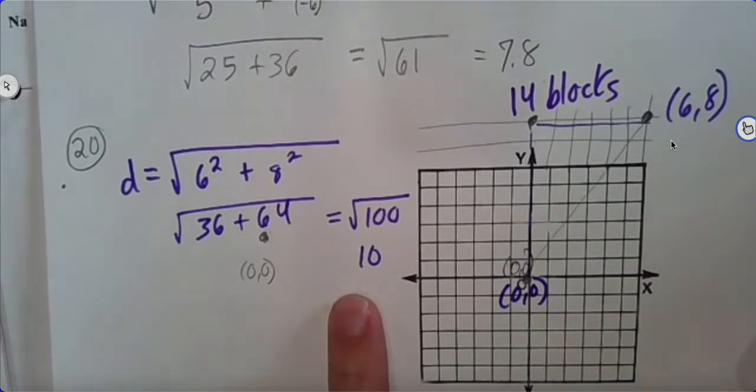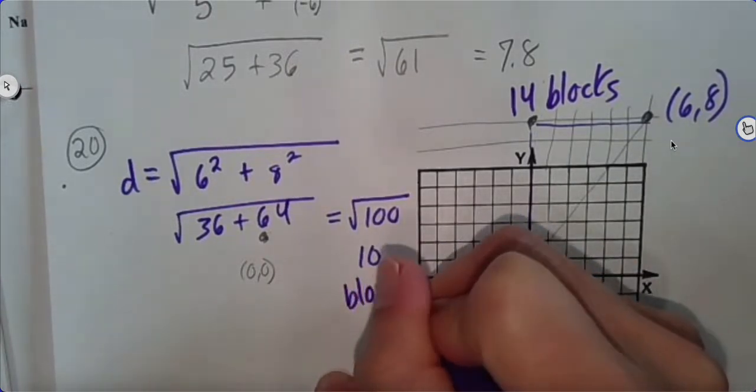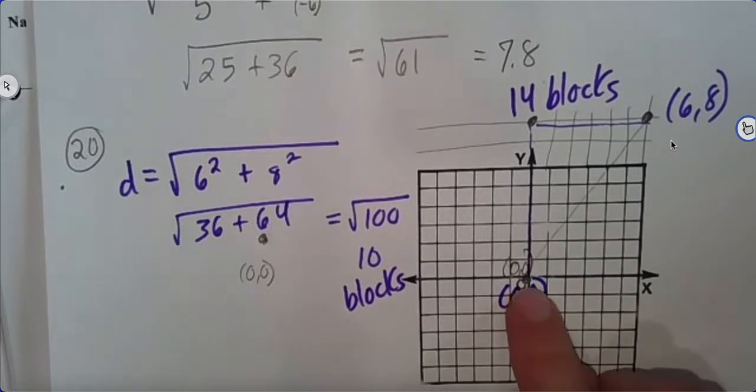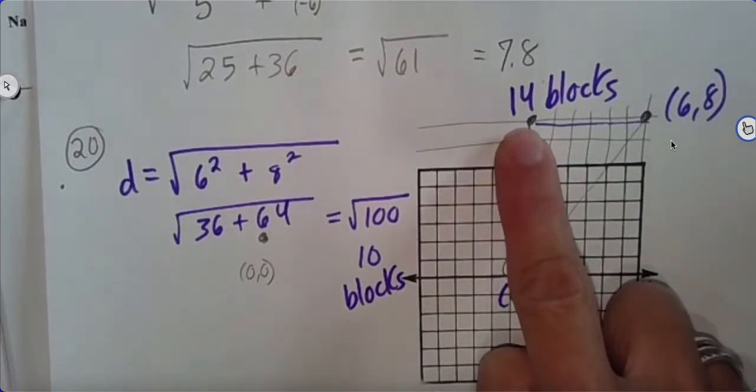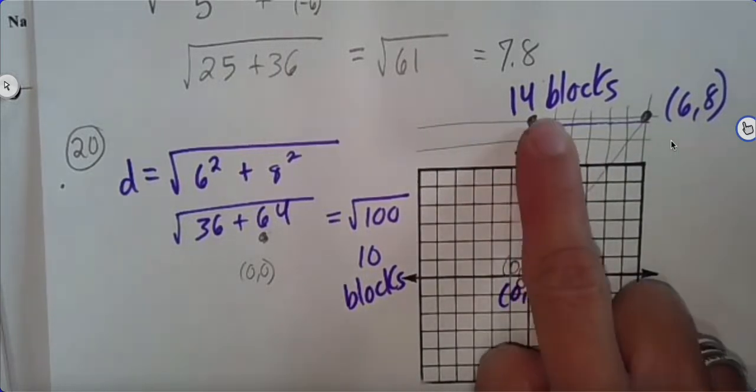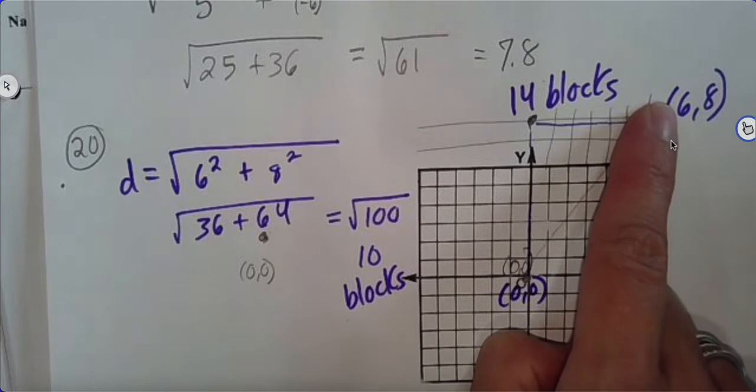Or he could have walked how many blocks? 10 blocks. So it says, how much shorter is it? 4. 4 blocks. Be careful, it's not 10. If they walked 8 blocks this way and then 6 blocks this way, that would have been 14 blocks. That's a long way.